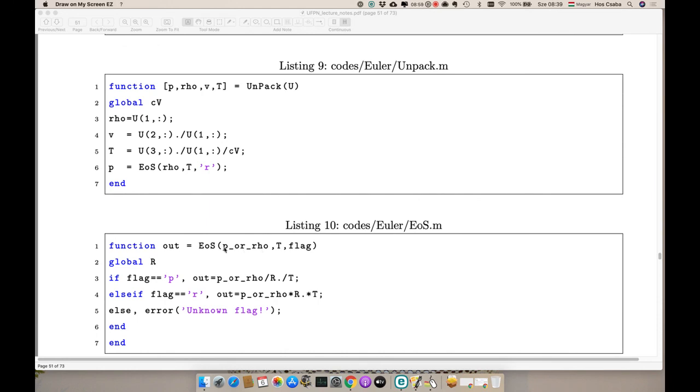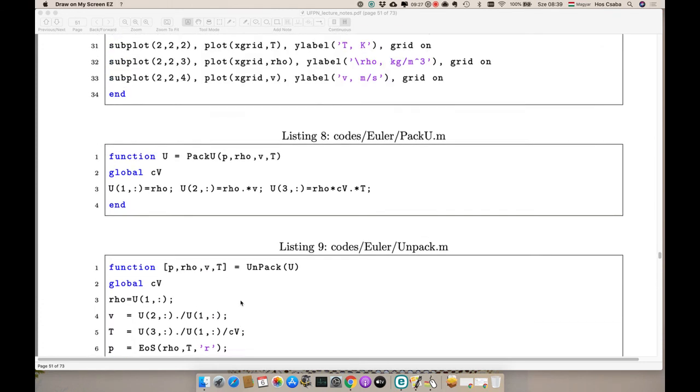The first argument is either P or rho, because sometimes you need to compute the pressure from density and temperature, and sometimes you need the density from pressure and temperature. So there is a flag, and if this flag is P, then it assumes that the first argument is pressure, and it gives you the density. And if the flag is set to R, then you are assuming that this is density and you want to work out the pressure. So this is pretty basic.